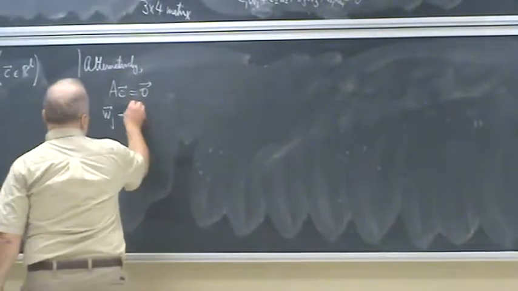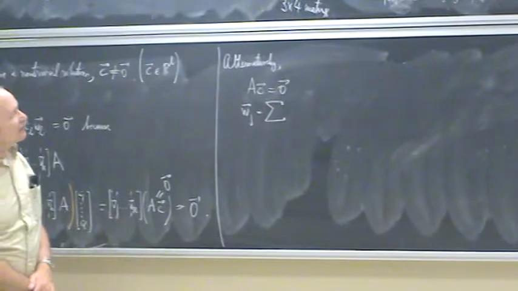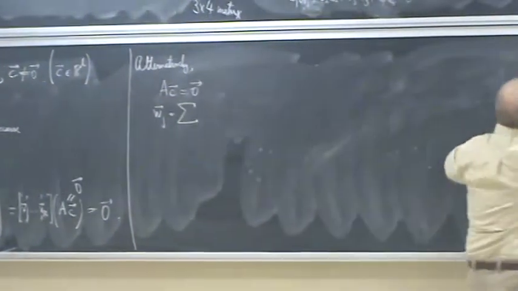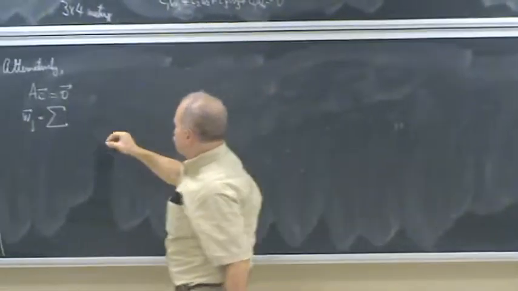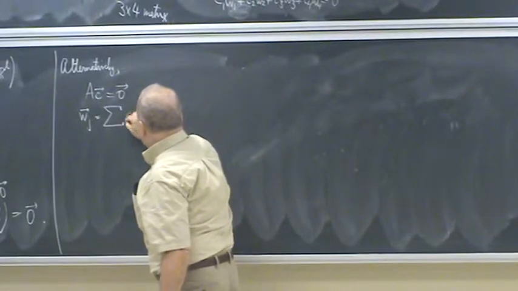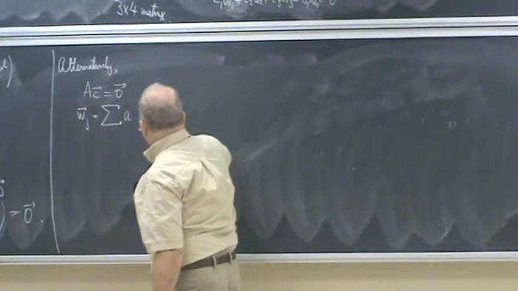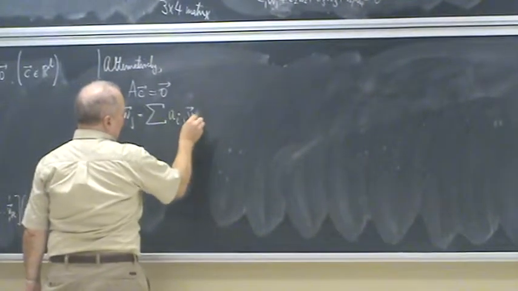How do I write that with a summation symbol? Summation of A something J, V something. So how about we put I's there?